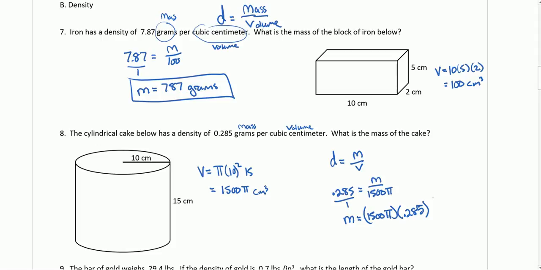So 1500 times 0.285 is 427.5 times pi. If you multiply that times pi, you end up with, rounding here, roughly 1343, and we're looking at grams here.